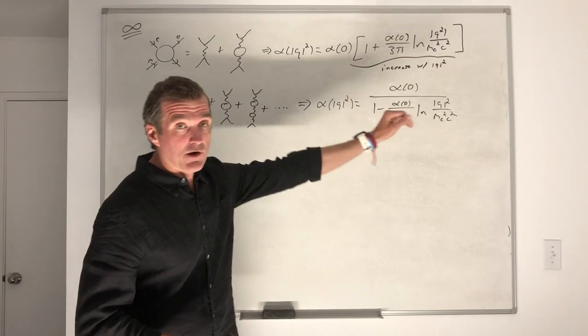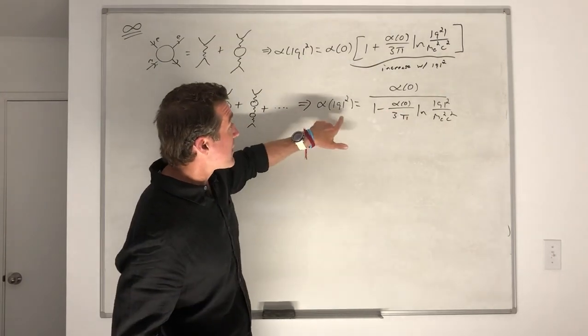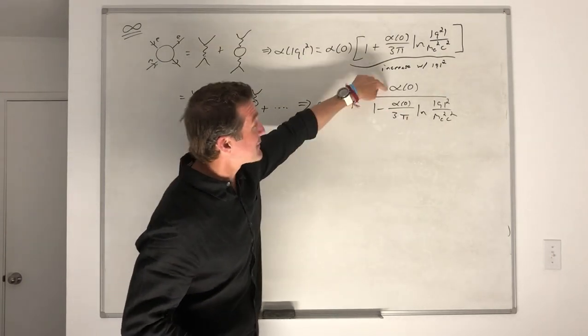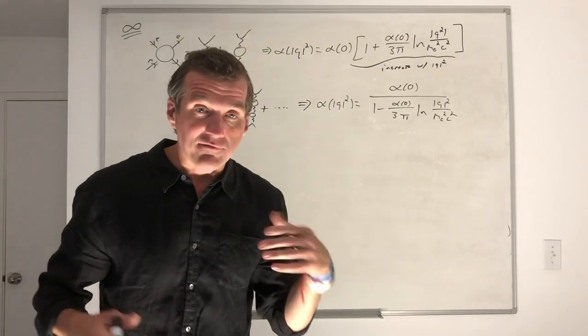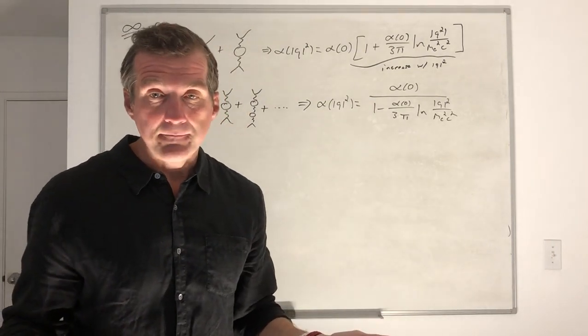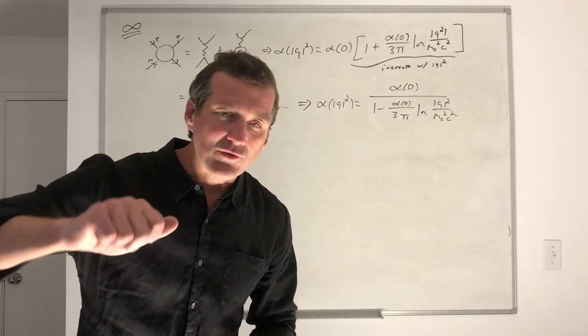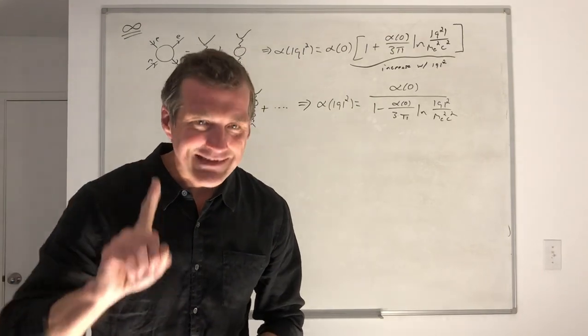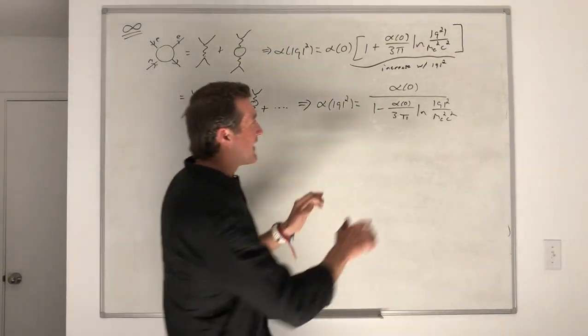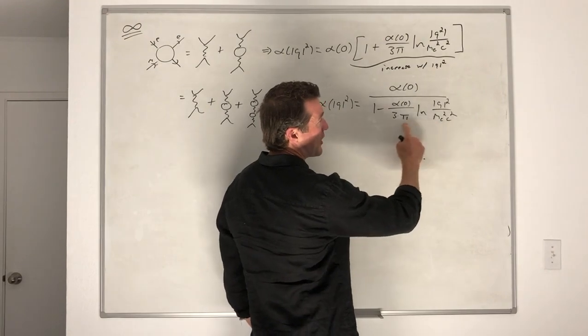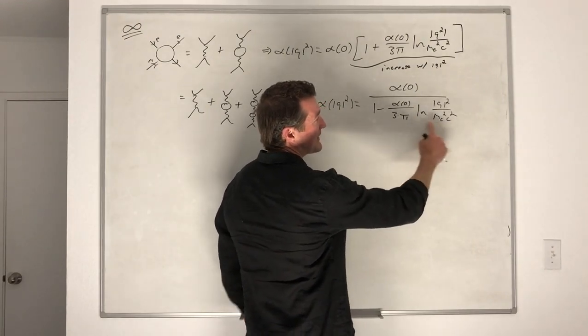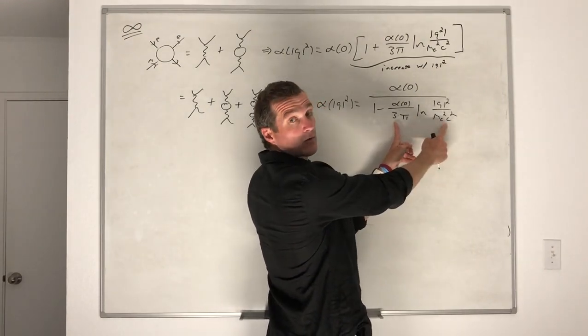In fact, 0 is important because 0 tells me that this is equal to alpha 0, which corresponds to our physically measured values. So now as we start increasing Q from 0, this is going to grow until eventually it's equal to 1.